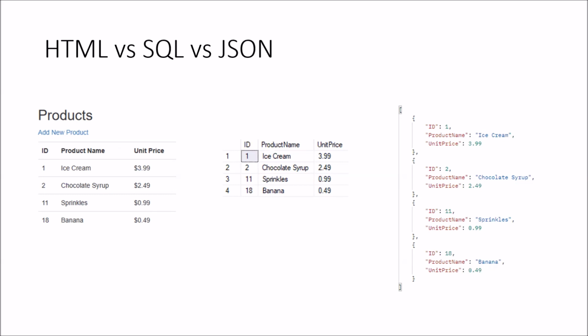Each curly brace there, open and close, is a unit or a record. So you can trace right along: ID of 1, product name ice cream, unit price $3.99. And that maps to this row in the database. Similarly, we have our next product, an ID of 2, product name of chocolate syrup, and a unit price of $2.49.